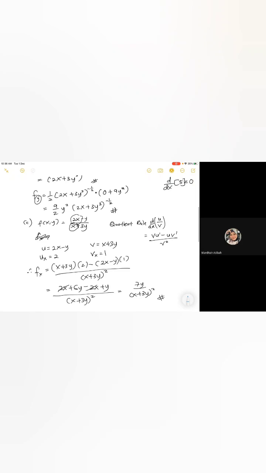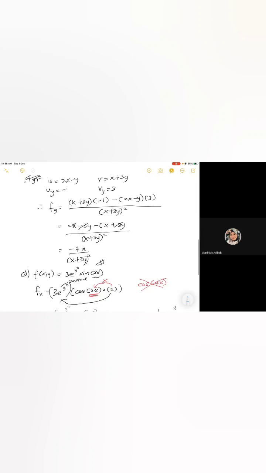If it's x, x. If it's y, y only. So the x will be 0. If y, then the y will be 0. This one is the same, x only, y only, there is no product. However, for this question, it is a multiplication of e to the power of y squared and sine 2x.